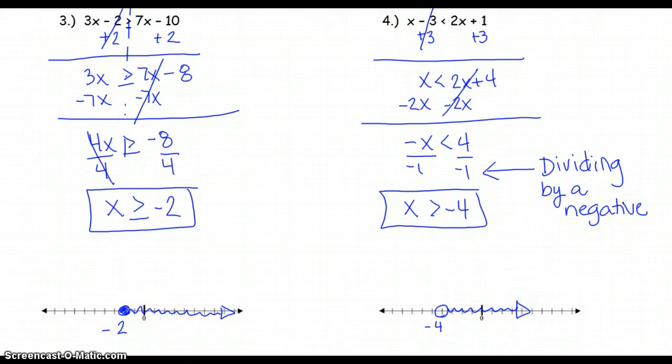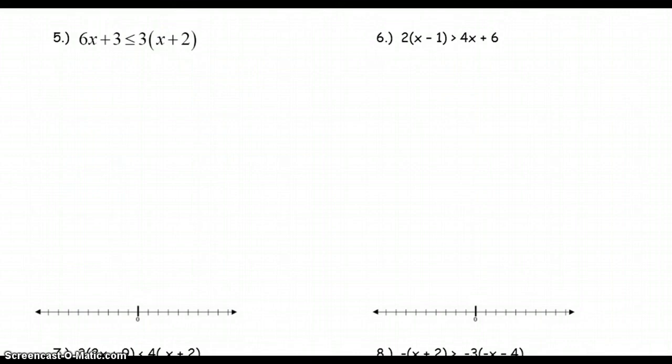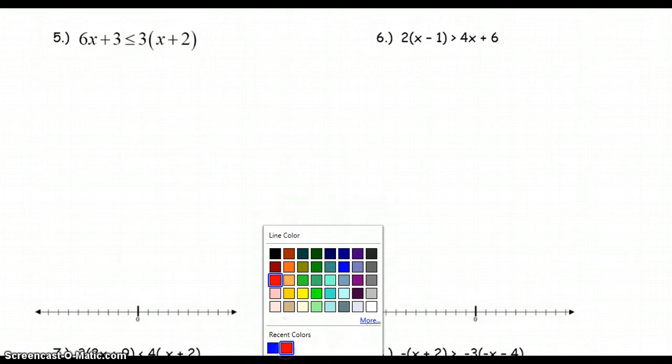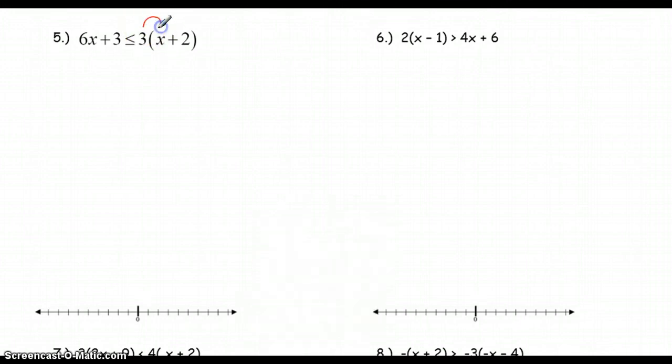Okay, now we're on problem number 5. So in problem number 5, we've got a little bit more involved. You have to distribute. So let's go ahead and distribute the 3 into our set of parentheses. And when we do that, we get 6x plus 3 is less than or equal to 3x plus 6.